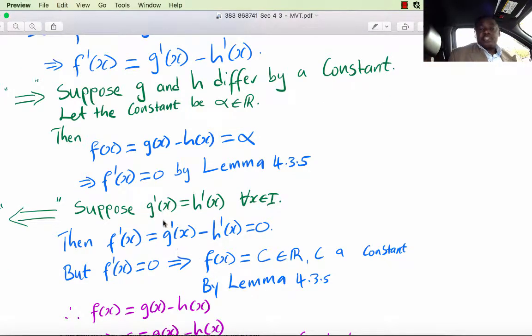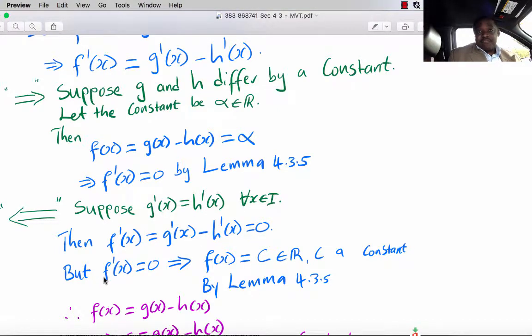Reverse. Suppose g prime at x equals h prime at x for every x in I. We have to prove that g minus h is a constant function. Again, the first derivative of f is g prime minus h prime. If g prime equals h prime, then the first derivative equals 0.